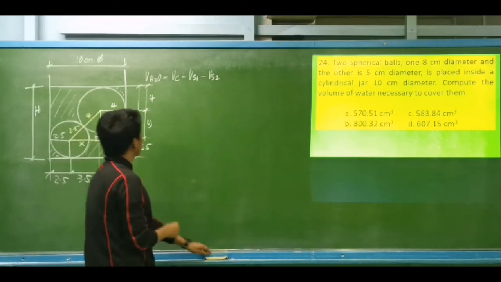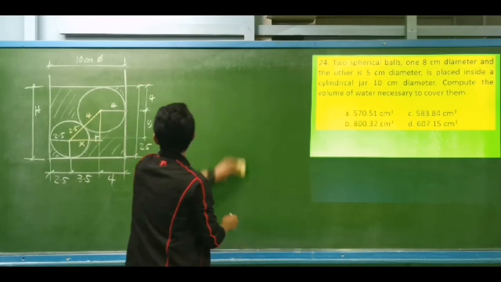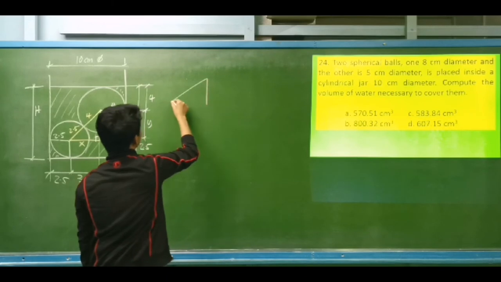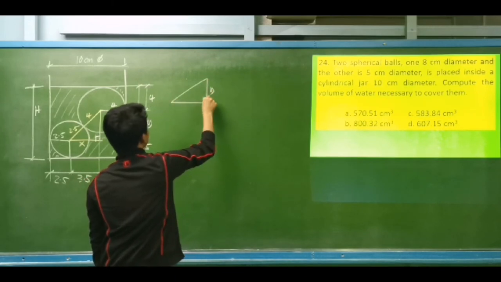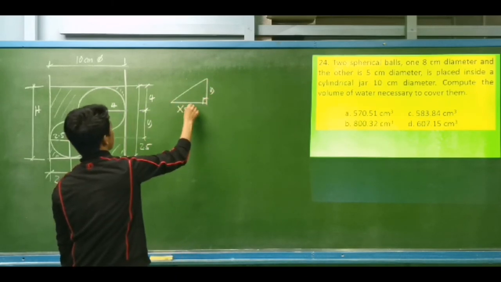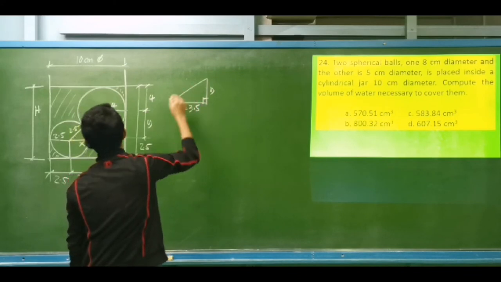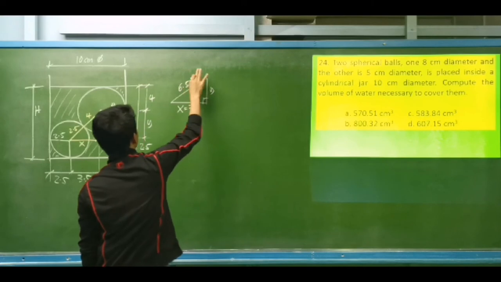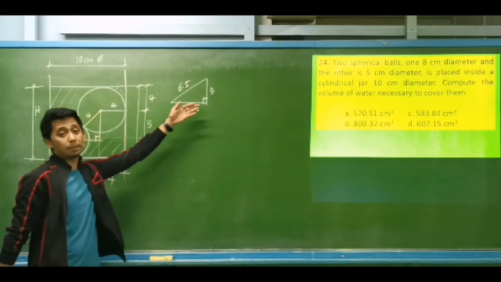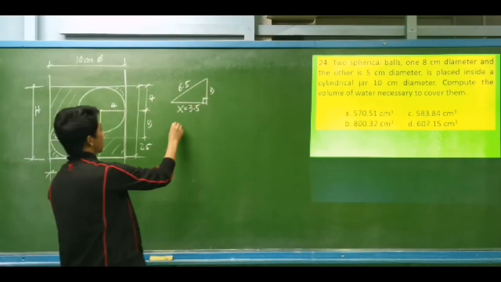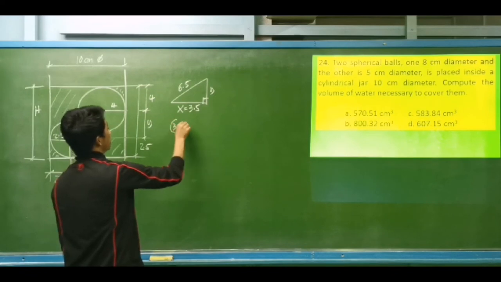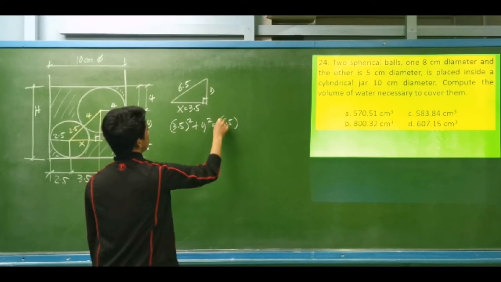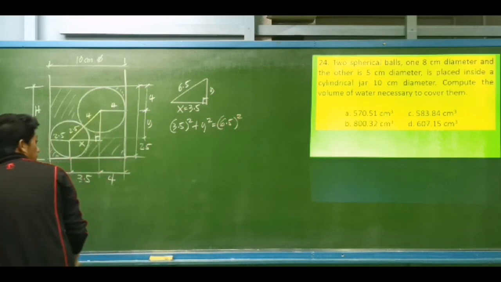So, parang meron tayong right triangle dito. Yung right triangle may dimension na yung y, tapos ito yung x na 3.5. Ito naman, 4 plus 2.5 is 6.5. Paano natin kunin yung y? By Pythagorean theorem. So this is 3.5 squared plus y squared is equal to 6.5 squared. Ay, kunin natin.